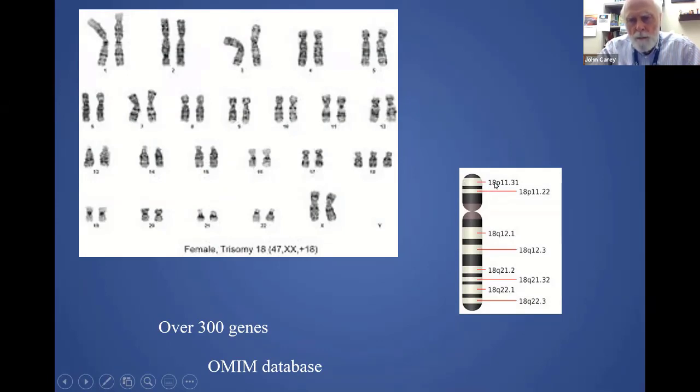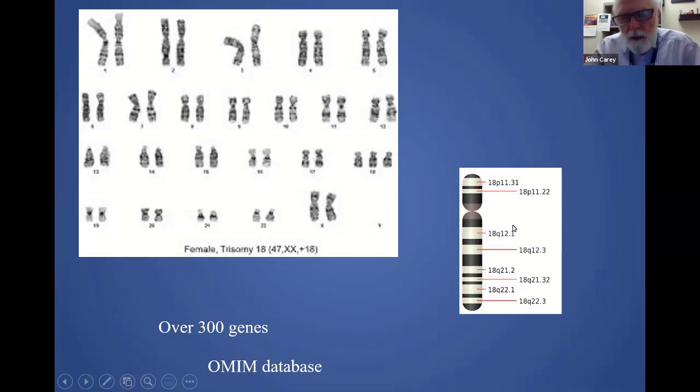Here on the P arm, or on the Q arm, they're numbered by segments and then by a particular band. So this particular designation, 18p11.31, means that it's in the first segment. There's actually only one segment of the short arm of 18, and then it's in a subband called 0.31.